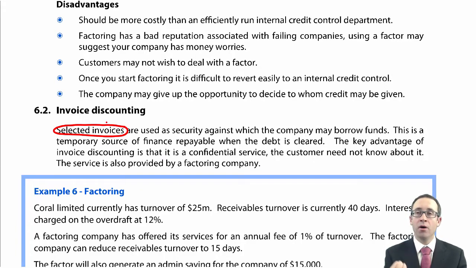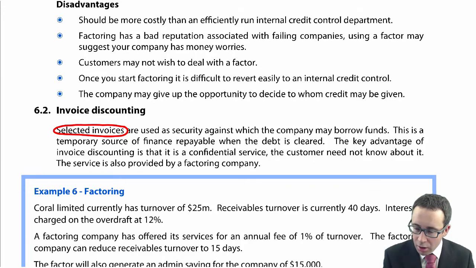So you borrow the money, and you use the invoice or specific invoices as security, because if you cannot pay the cash back on the borrowings, the company will use those invoices as security and get the cash from your customers instead. So very similar to factoring, but it's not with regards to a portfolio of debt. It's security against a specific invoice or specific invoices from a particular customer.